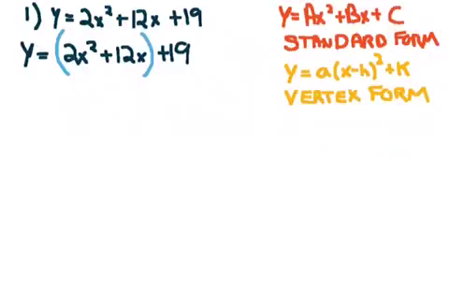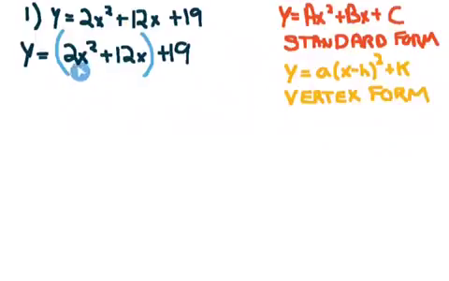So hopefully you were able to say that we need to factor out a 2 from this expression. Now if you said 2x, you're getting confused with what we did before where I asked you to factor out the greatest common factor. The greatest common factor of the part in the parentheses here would be 2x, and if I asked you to factor that out, you would factor out a 2x, but I'm not asking you to do that.